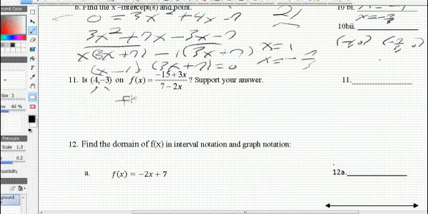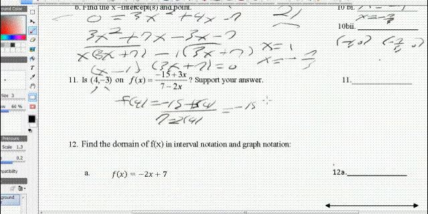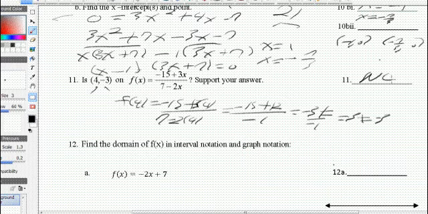So you go find f of 4 equals minus 15 plus 3 times 4 over 7 minus 2 times 4, which is minus 15 plus 12 over 7 minus 8, which is minus 3 over minus 1, which turns out to be 3, which is not negative 3. So the answer here is no.